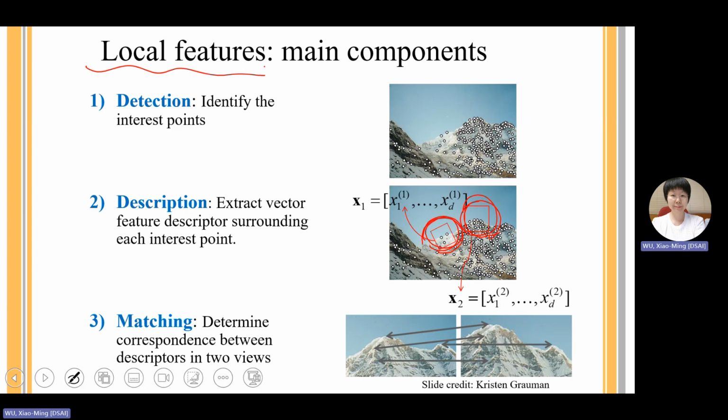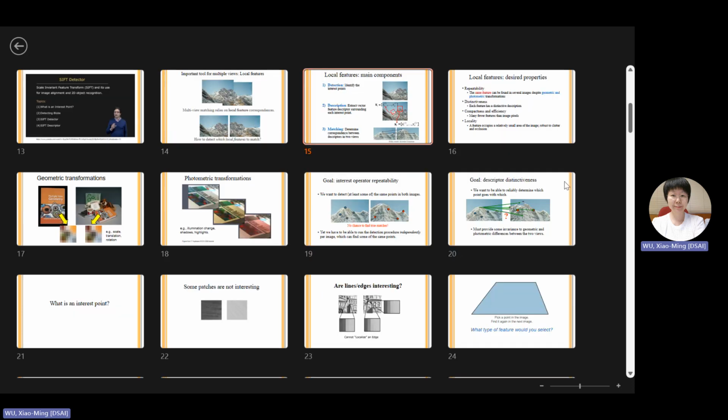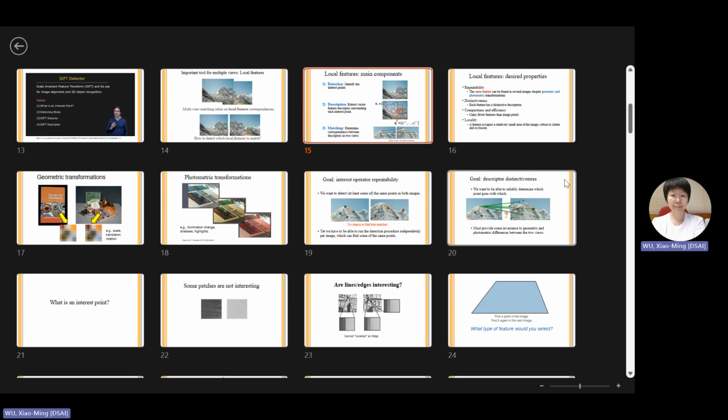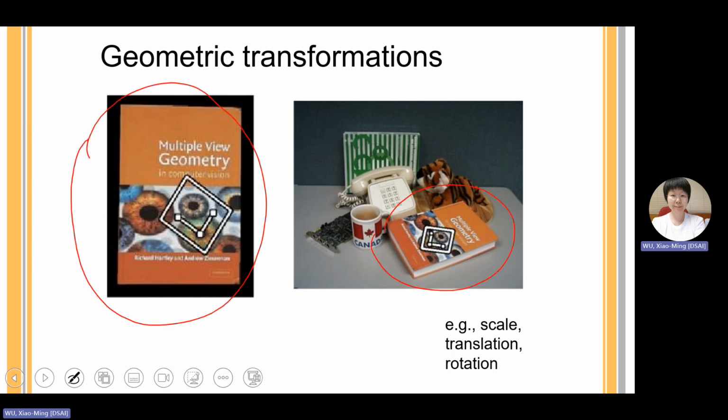So basically, these are the desirable properties of local features. And we want those features to be robust to some transformations, for example rotation and scaling, just as we mentioned.